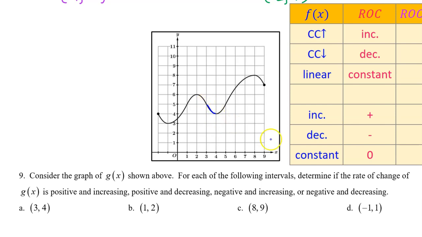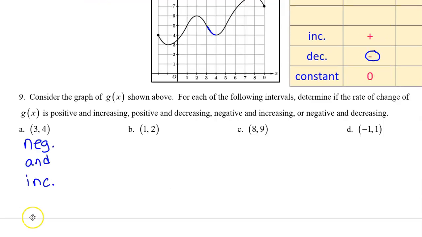It's simply going downhill. And because g of x is decreasing, that tells me that the rate of change is negative. How about the concavity of g of x? Well, this is part of an interval where g of x is concave up. Okay, so since g of x is concave up, that means the rate of change is increasing. So this is an interval where the rate of change is negative and increasing.